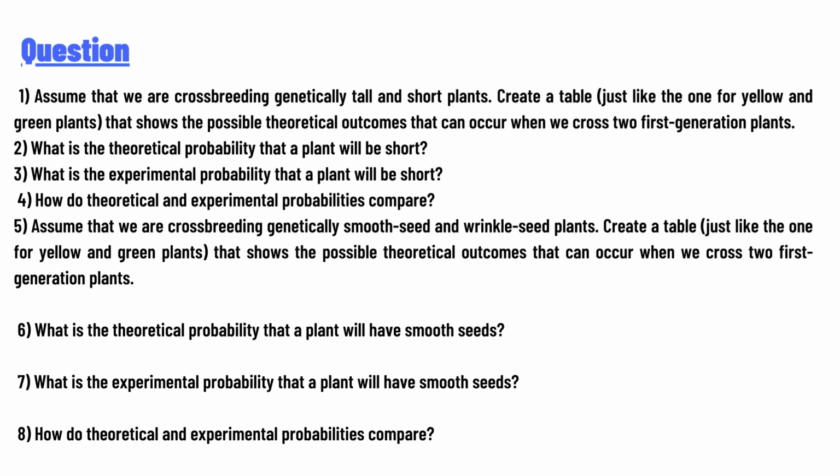Five, assume that we are crossbreeding genetically smooth seed and wrinkled seed plants. Create a table that shows the possible theoretical outcomes that can occur when we cross two first generation plants. Six, what is the theoretical probability that a plant will have smooth seeds? Seven, what is the experimental probability that a plant will have smooth seeds? Eight, how do theoretical and experimental probabilities compare?